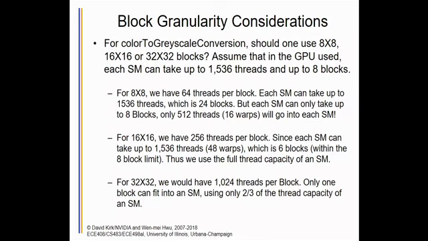Essentially, every streaming multiprocessor has a limitation on the number of thread blocks and a limitation on the number of threads. If these are not balanced, you can end up taking only up to 8 blocks, because that's the first constraint that will hit you.